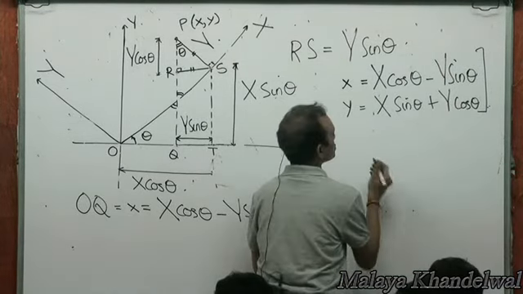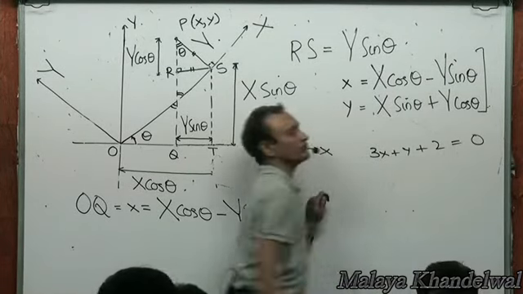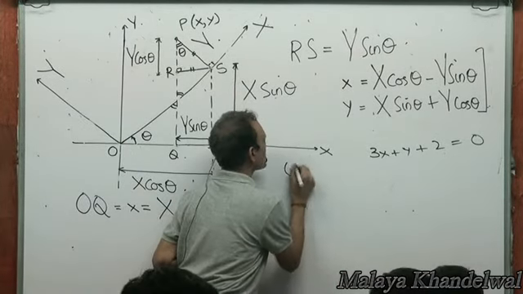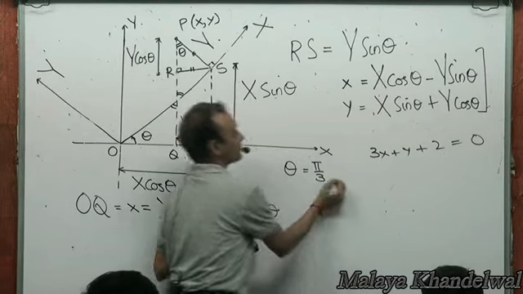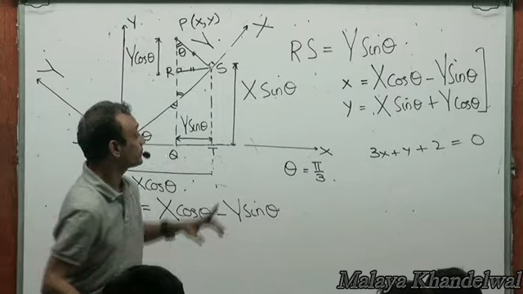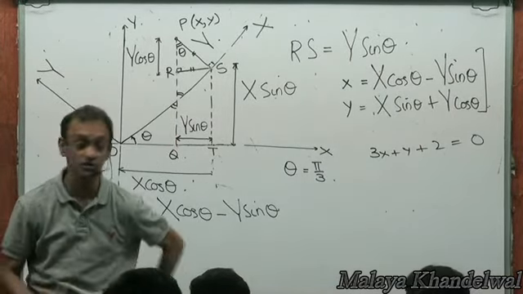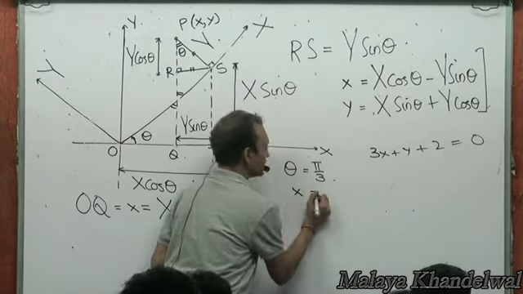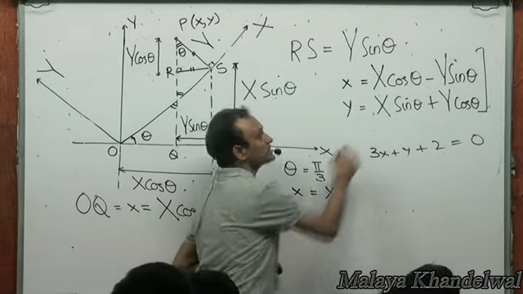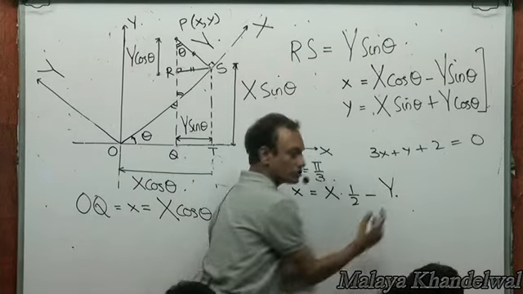suppose the equation of a line in the old system, small x, small y, is 3x plus y plus 2 equal to 0. And the rotation takes place by an angle theta equal to pi by 3. I rotate the coordinate axes counterclockwise by pi by 3. In the new system, capital X, capital Y, I want to find the equation of the line. Small x can be converted into capital X cos 60 degrees, which is half, minus capital Y sin 60 degrees, which is root 3 by 2.